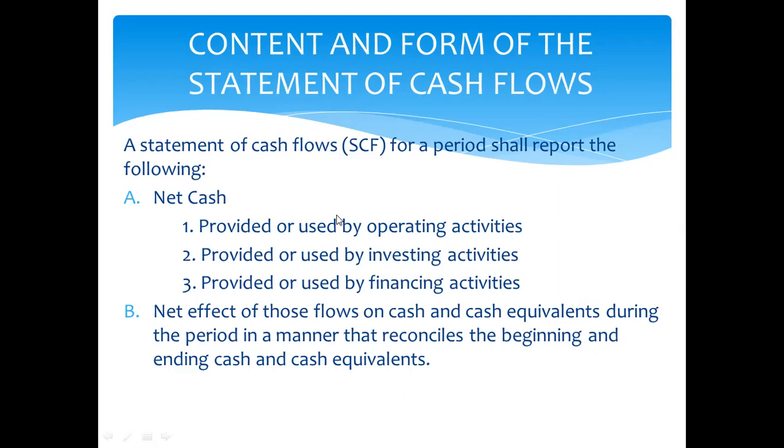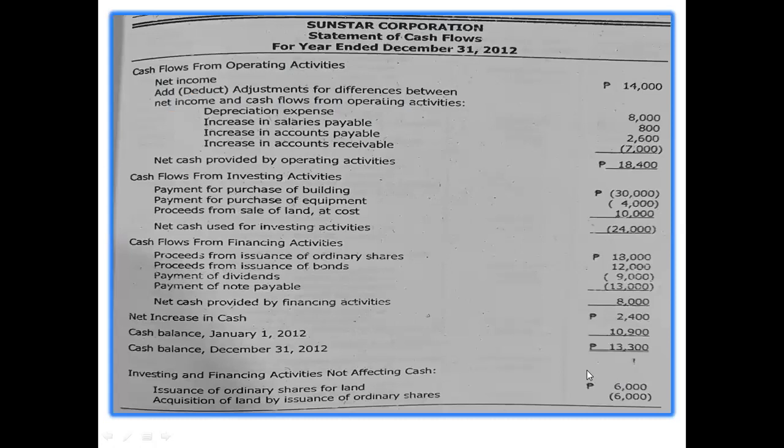We discussed on the prior slides the inflows and outflows for operating, investing, and financing. Okay, letter B, the net effect of those flows on cash and cash equivalents during the period in a manner that reconciles the beginning and ending cash and cash equivalents.